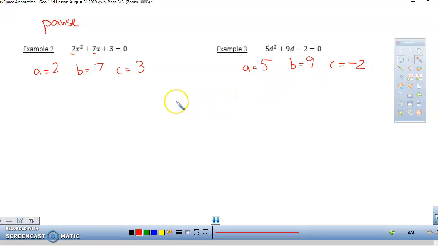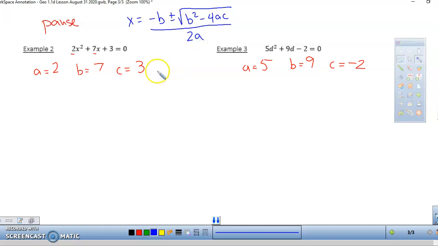Okay, good job. So now we are going to plug into the quadratic formula. So let me write this one more time here. -b plus or minus the square root of b squared minus 4ac all over 2a.